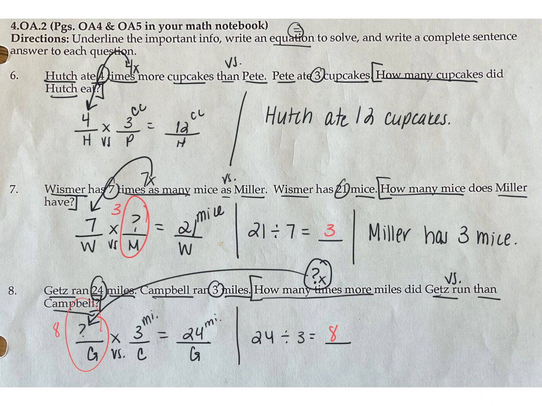We need to write a sentence that answers the question. The question has that keyword times. How many times more miles did Getz run than Campbell? We're going to say Getz ran 8 times more miles than Campbell.